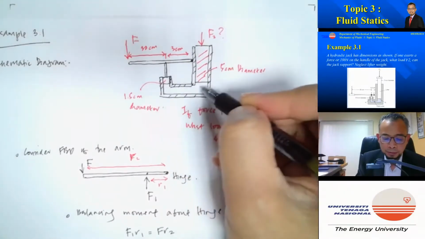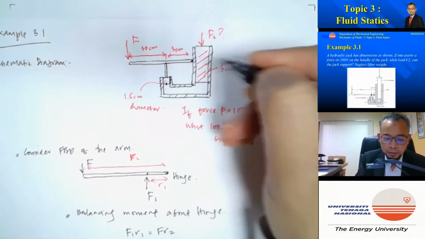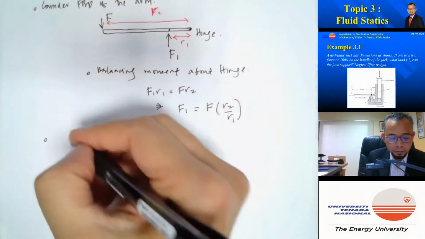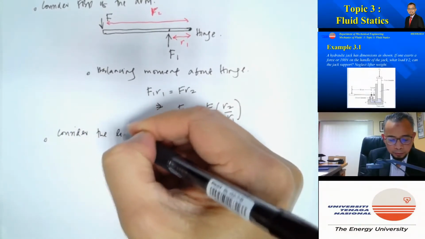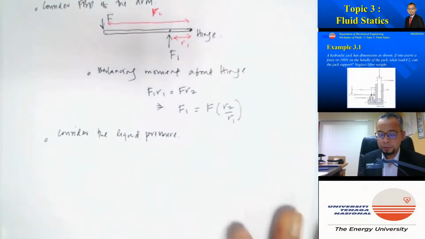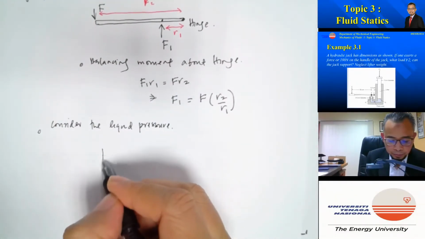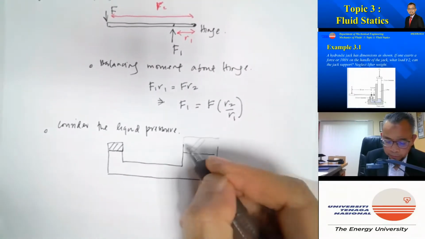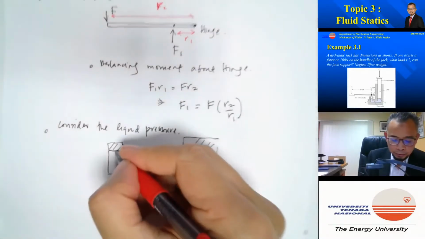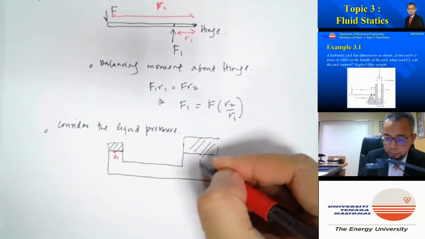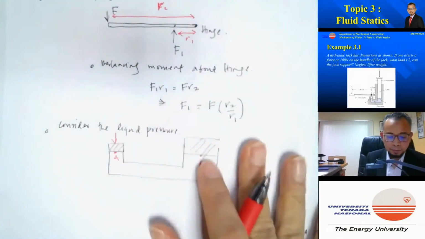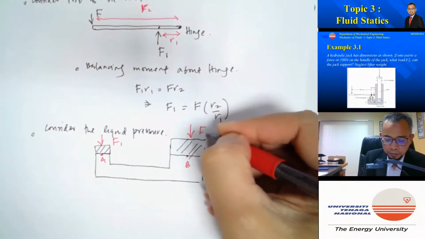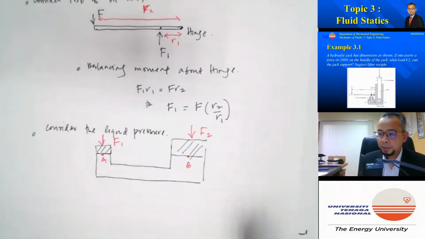Next, let's consider the fluid pressure. So the fluid pressure here is the same as the fluid pressure here. So we consider the liquid pressure. So if I redraw, and I call this point here A and this point here B. So the force that is being applied there is equal to F1, and the force which is being applied here is actually equal to F2, which we want to find out.